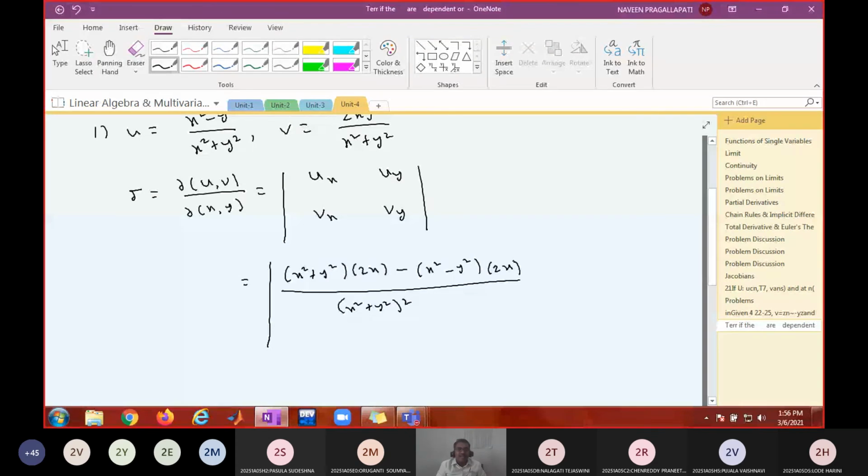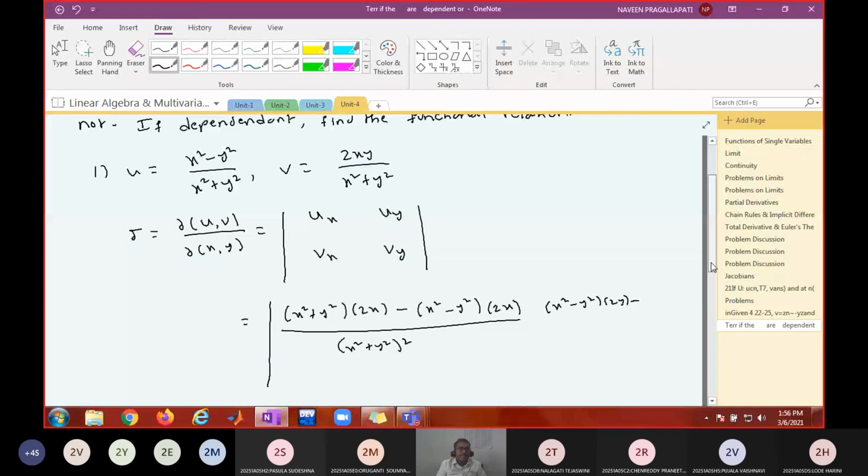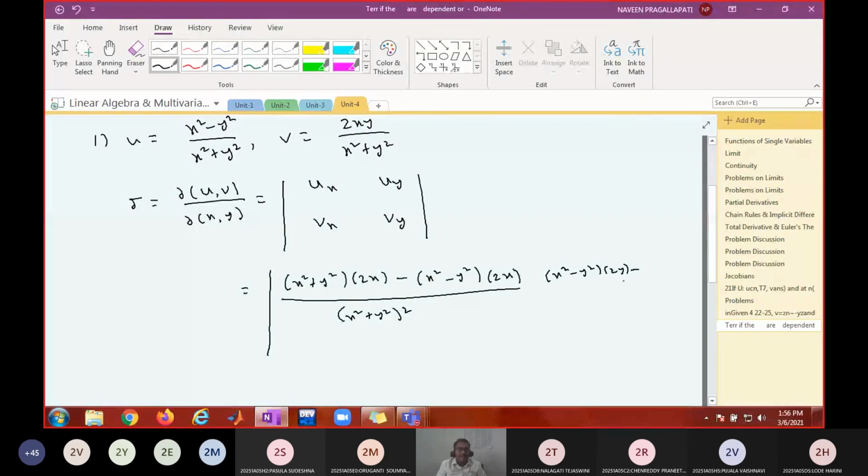Similarly, dou u by dou y is (x square plus y square) into minus 2y, minus (x square minus y square) into 2y, divided by (x square plus y square) whole square.